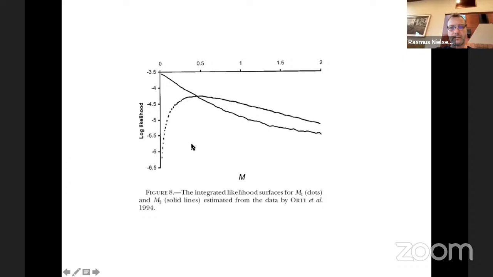And that shows you that the data tells us that the sticklebacks are in fact swimming from east to west, because the likelihood function goes down here, and you have a much lower likelihood if m is equal to 0 than if m is equal to, for example, a half.